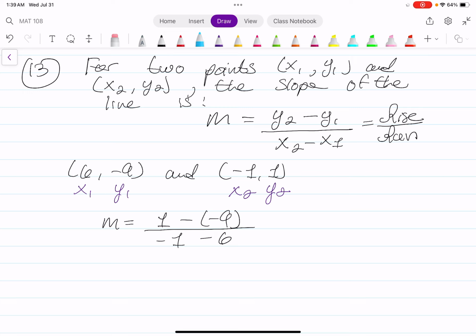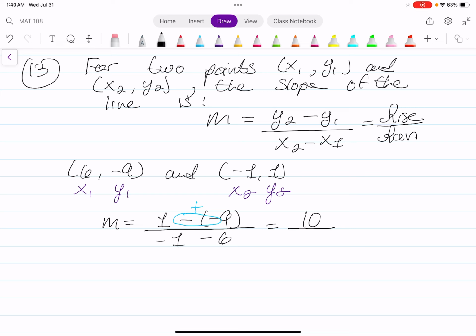Now, in middle school, we learned that the product of 2 negatives equals a positive. So that's going to become 1 plus 9 in the numerator. 1 plus 9 is 10. In our denominator, we can subtract.